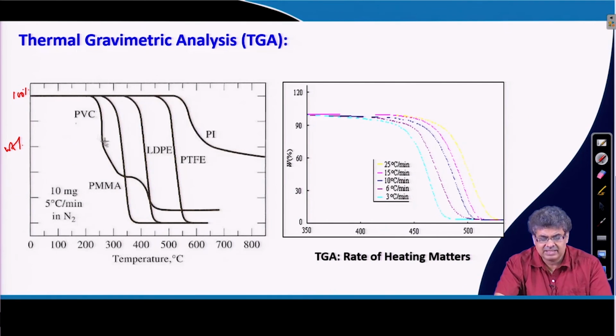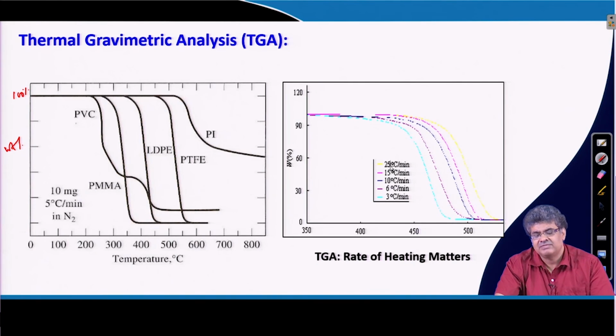This stability also depends on the heating rate. If we heat the polymers faster, then as I described earlier, the polymer sample cannot follow the furnace temperature. So the effective temperature in the polymer is much lower compared to the actual temperature shown by the thermometer.